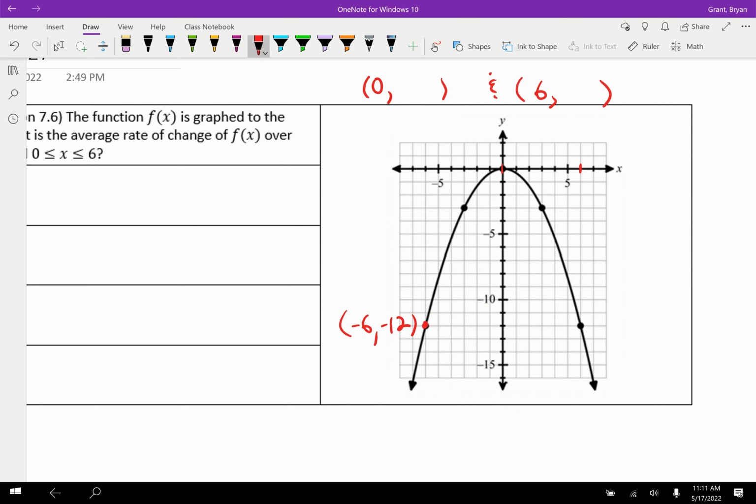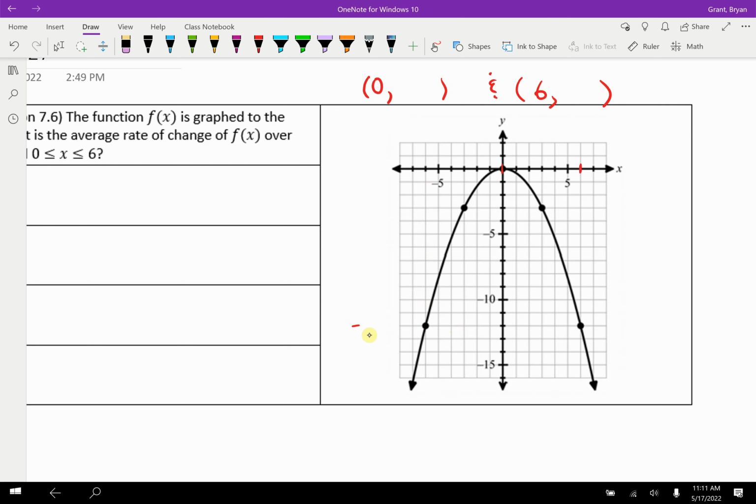This point has an x value of negative 6. In fact, every point up here, for example, this one is negative 6, negative 4, every point on this vertical line has an x value of negative 6. But the only one I would be interested in is the one that's actually on f of x.